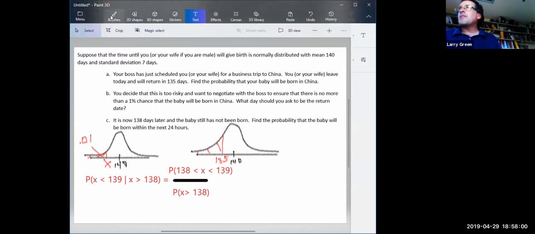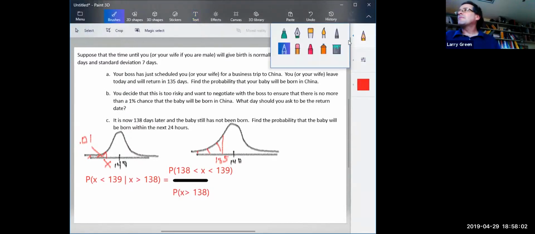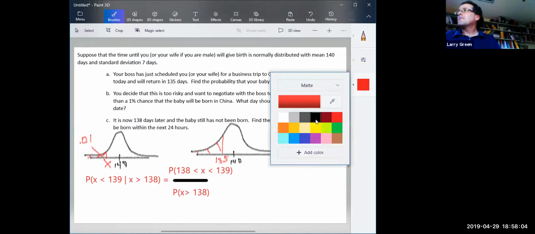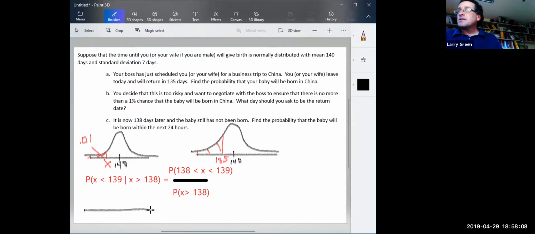Now we're ready to draw the picture. Okay, and there's going to be two pictures. The numerator picture and the denominator picture. Still have the 140.